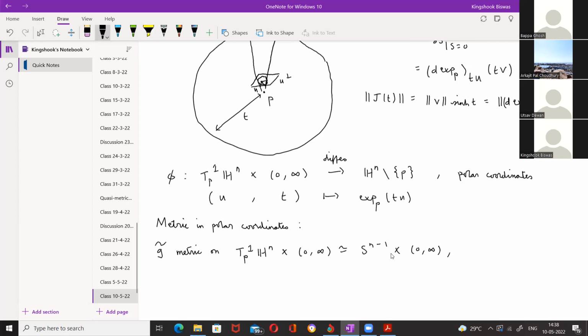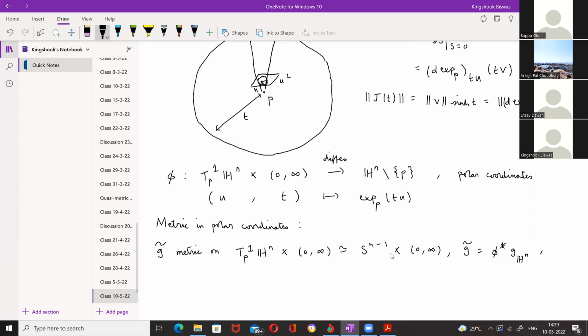G tilde is equal to phi star, the pullback of G, the metric on H^n. Now, what will this metric look like?